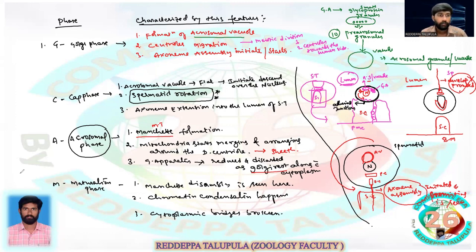Now see, the Manchette formed in the acrosomal phase will be disassembled in the maturation phase, and it will be discarded. Next, second one, chromatin condensation happens.